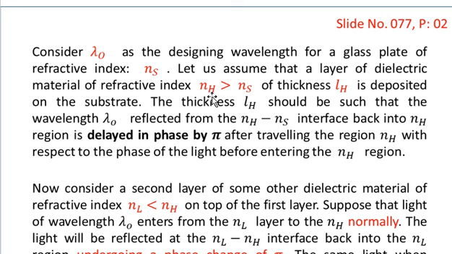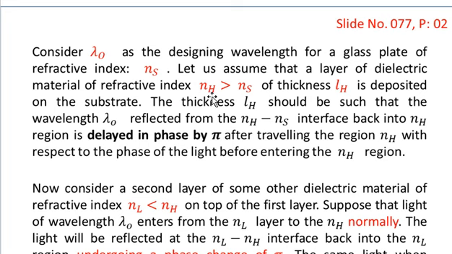So k is actually 2 pi over lambda, and the designing wavelength is lambda naught, so we have 2 pi over lambda naught. We also use NH as a subscript with lambda naught, because NH means that this wavelength has been designed for the refractive index NH.